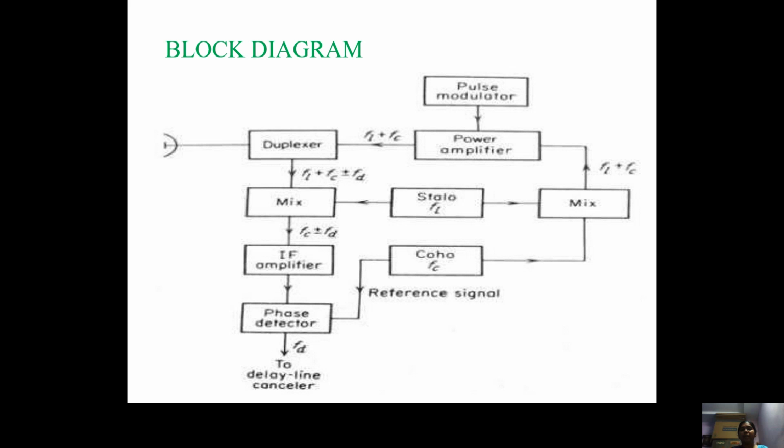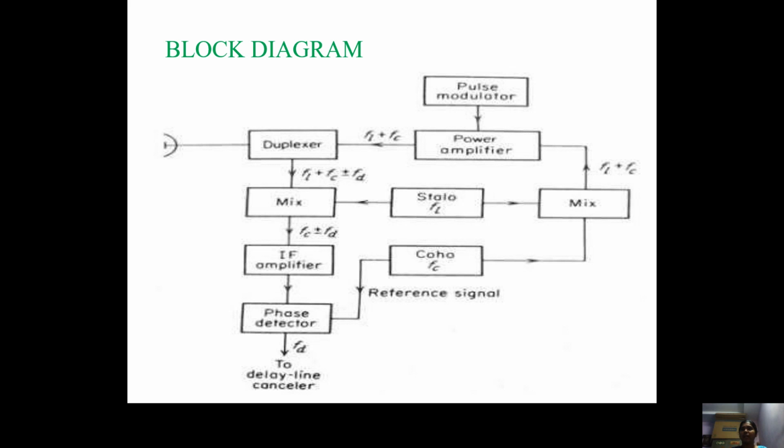When the combined signal having the frequency fL plus fC is transmitted using the transmitter antenna available in the duplexer, and it hits the moving targets, the echo signal coming back from the moving target is received by the same antenna available in the duplexer, and it is shifted by the Doppler frequency.